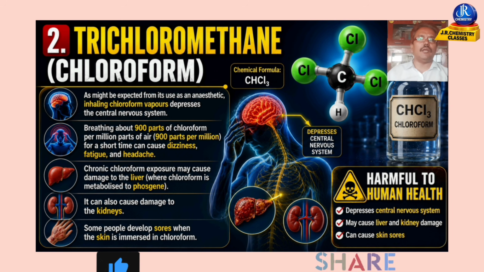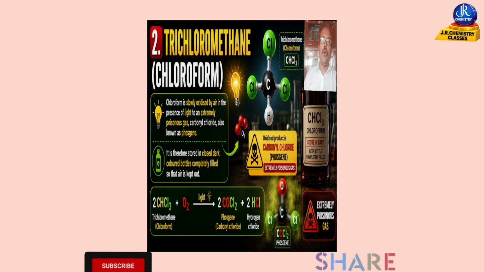Chronic chloroform exposure may cause damage to the liver, where chloroform is metabolized to phosgene, and to the kidneys, and some people develop sores when the skin is immersed in chloroform.